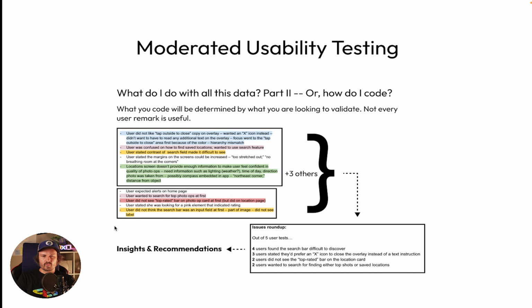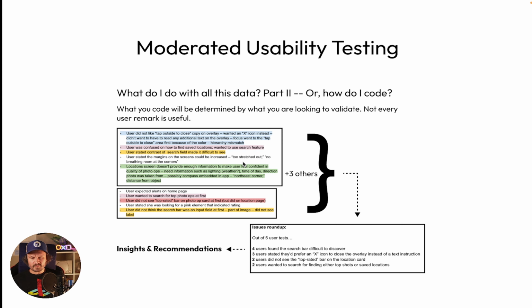Powerful tools exist, but I can't speak to them. What I can speak to is my method of coding. As we can see here, these are screenshots of sections of three different Google Docs that I have. When I'm taking notes after the usability test is done and I'm watching the video, I will have one Google Doc per usability test, so one Google Doc per user that I interviewed.